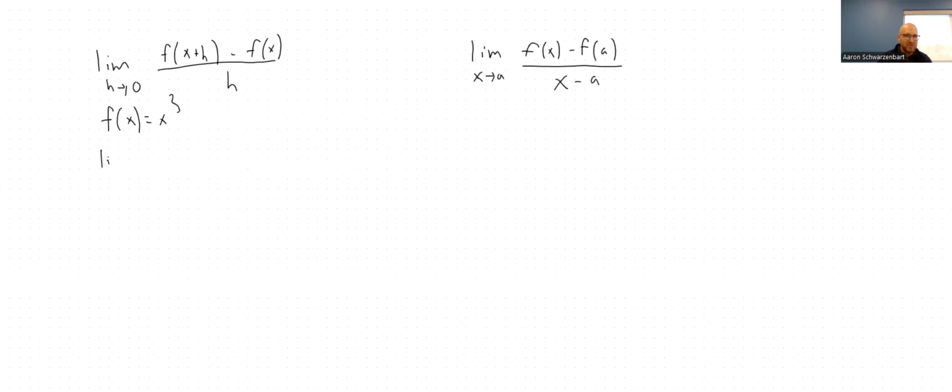So we're going to do definition 1. Limit as h approaches 0 of x plus h cubed minus x cubed over h. Cubing your binomial is a little bit of a pain.